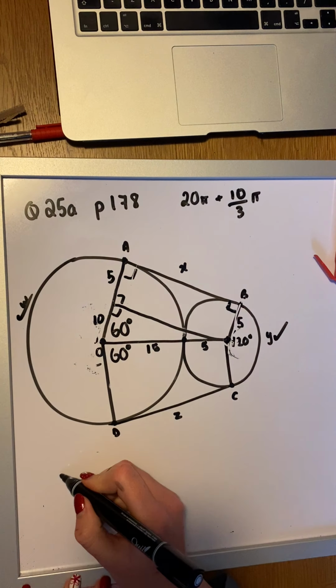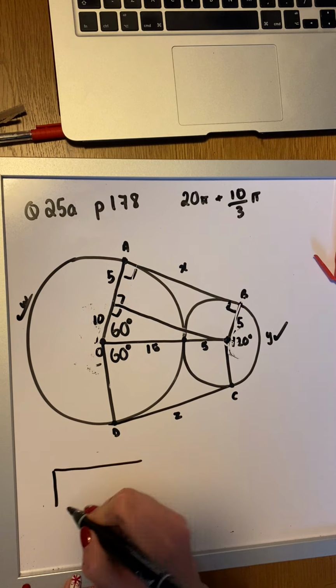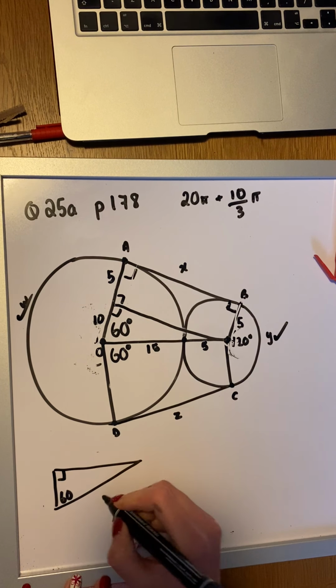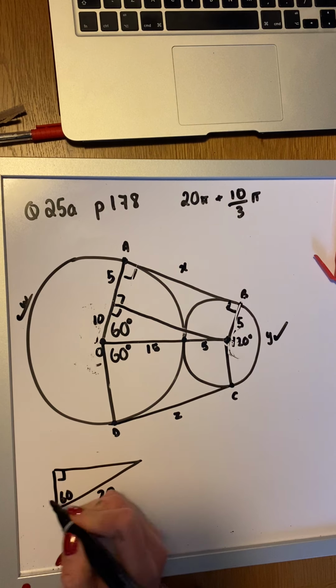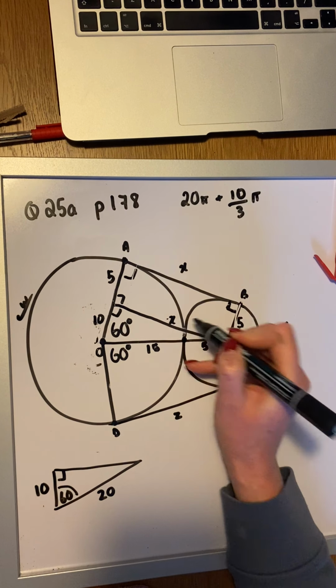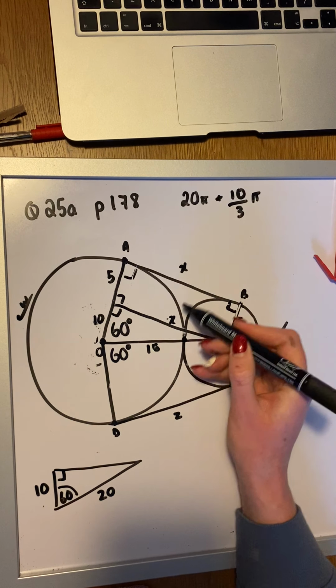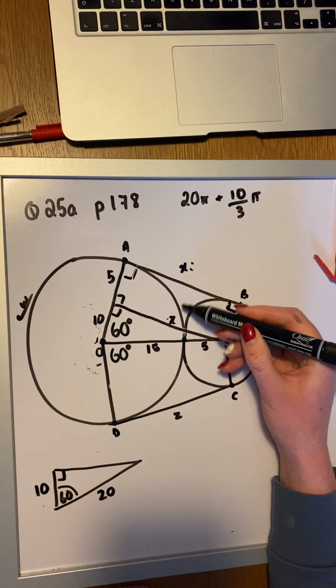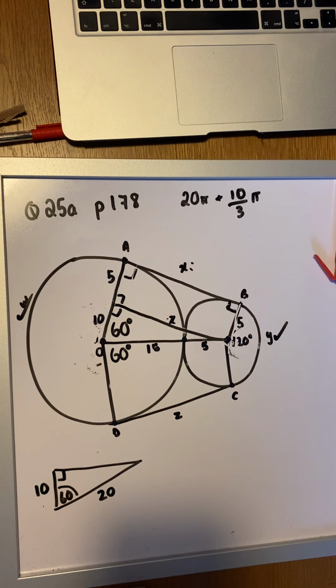So if we draw those separately now, we have a right angle triangle that has 60 degrees here, 20 as the hypotenuse, 10 as the adjacent, and all we need to do is find the length of x, because opposite sides in a rectangle are equal, therefore x will be the opposite here.